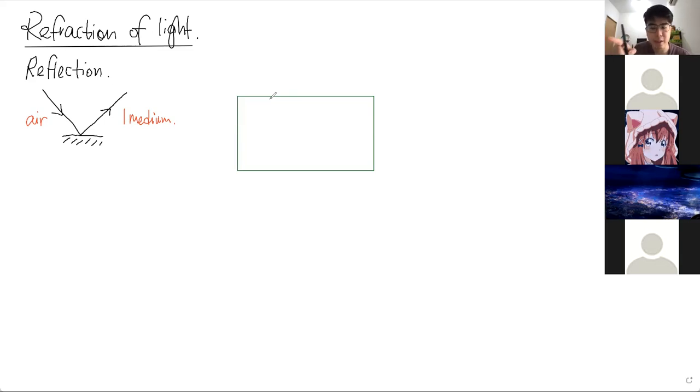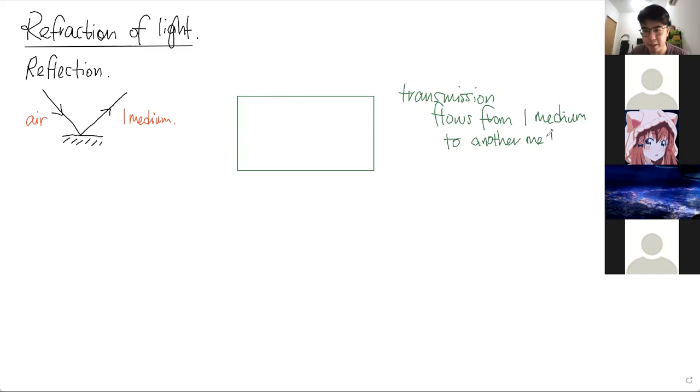It can travel through, it can transmit. The process of flowing through is what we call the transmission of light. Transmission means that when a light ray flows from one medium to another medium, that process is called transmission of light.